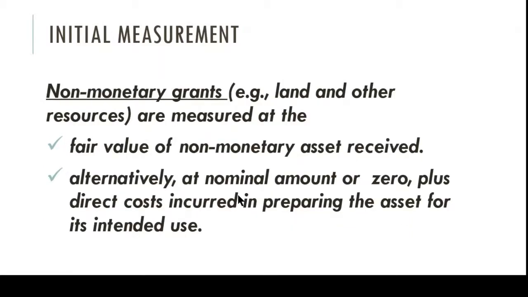If these are non-monetary grants like land and other form of resources or assets, these are measured at fair value of the non-monetary assets received, or alternatively at the nominal amount or zero plus direct cost incurred in preparing the asset for its intended use.